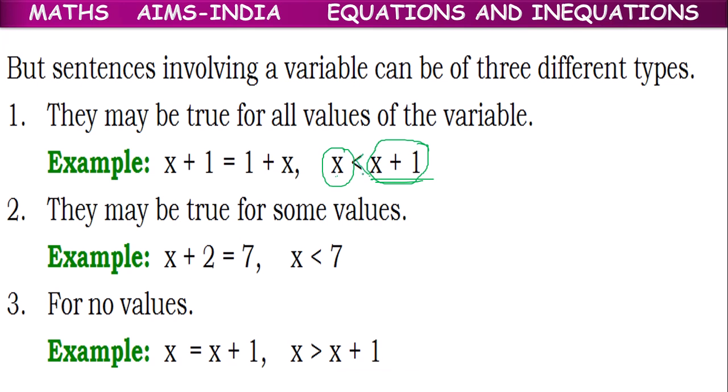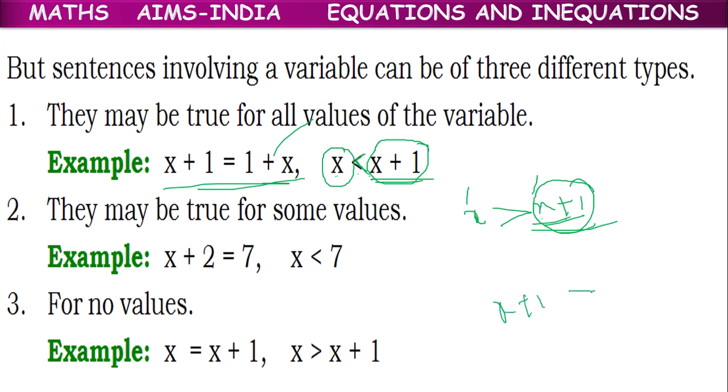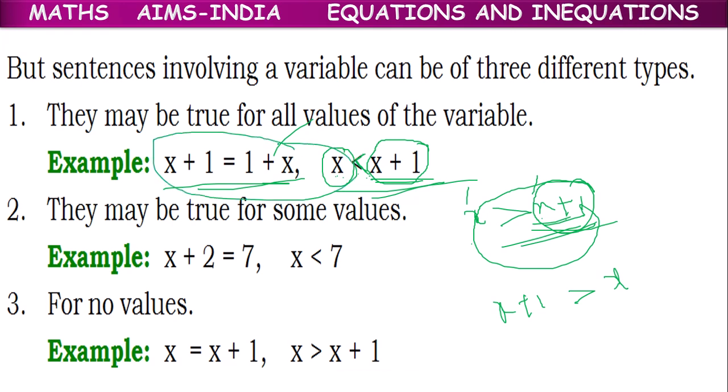So as long as this condition is satisfied, this will be a true statement always. Suppose if x is greater than x plus 1, actually which is not possible, because here also x is there. If we add x to 1, x plus 1 will always be greater than x. But x greater than x plus 1 is not possible. So always x will be less than x plus 1. So until this condition is satisfied, this will be always true.